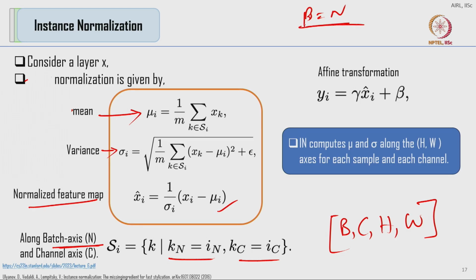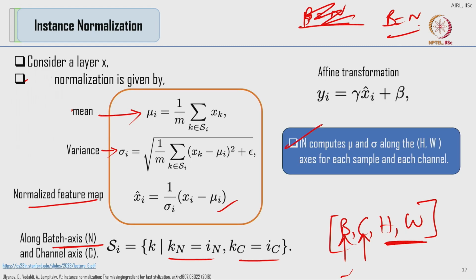There is no difference between B and N. Please do not get confused. Now the instance normalization is across the batch and channel axes. When I say it's across, it is essentially only taking the mean and variance across the height and width of the feature map. It is across the height width of the feature map.